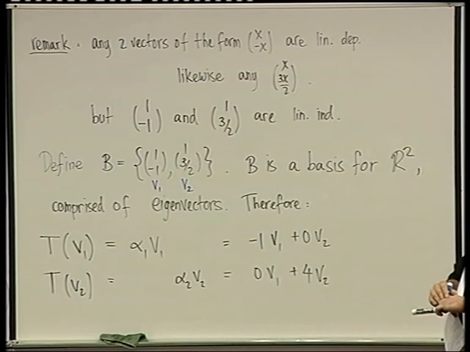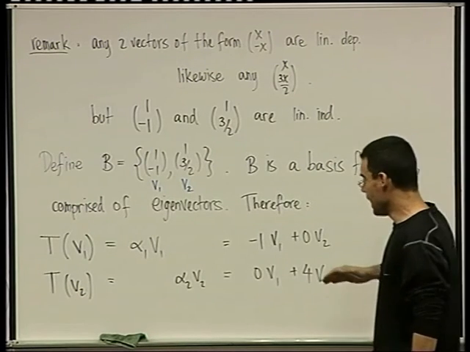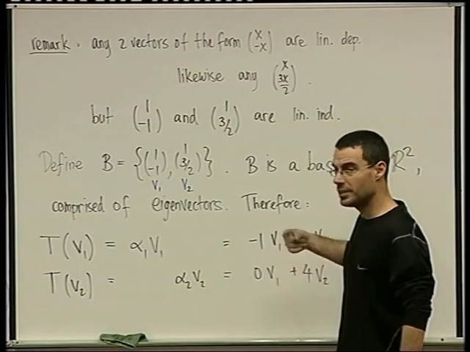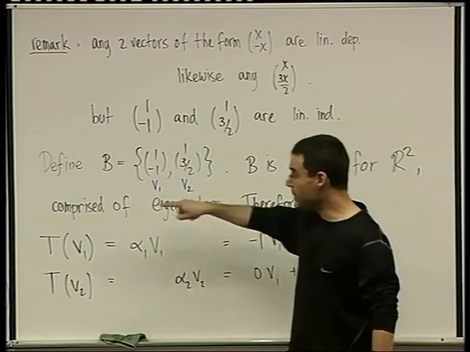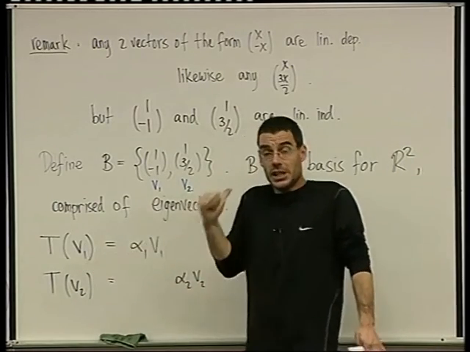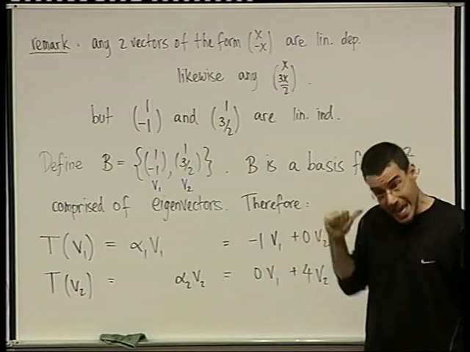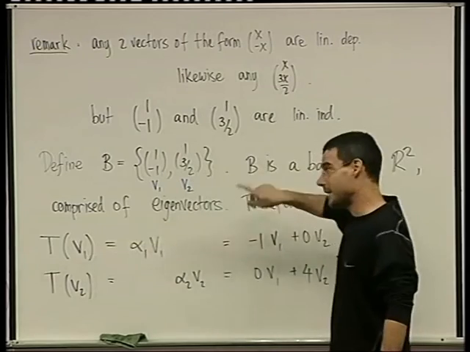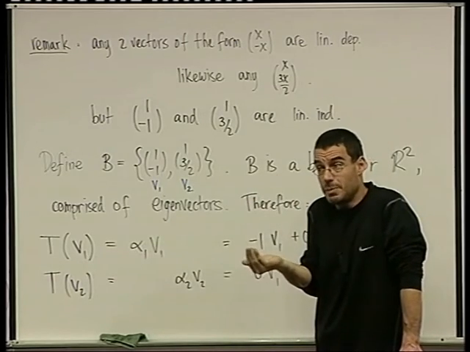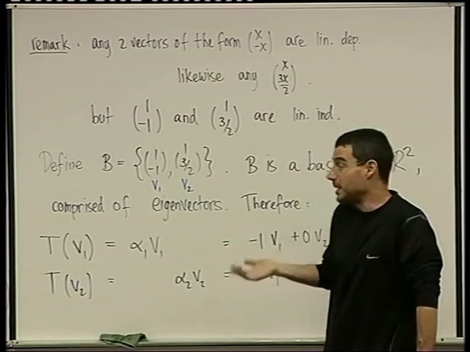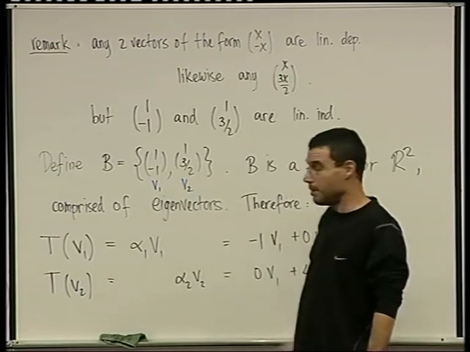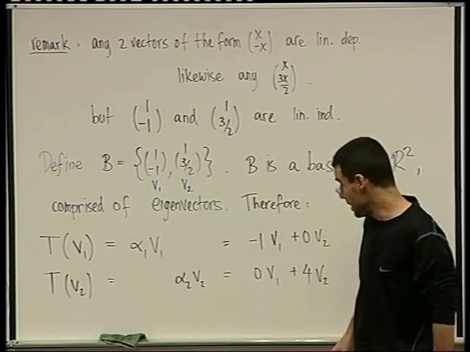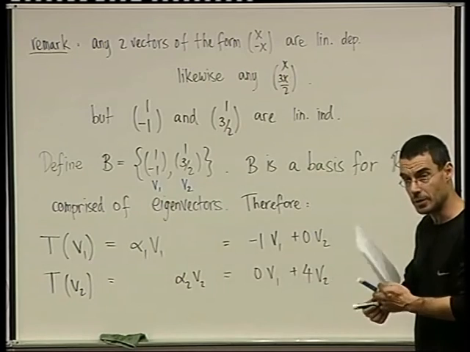eigenvalues, right? So the matrix representation of this map T, which was originally given by the matrix A, not A, which was its representation with respect to the standard basis, but its matrix representation with respect to the basis B is going to be this diagonal matrix.